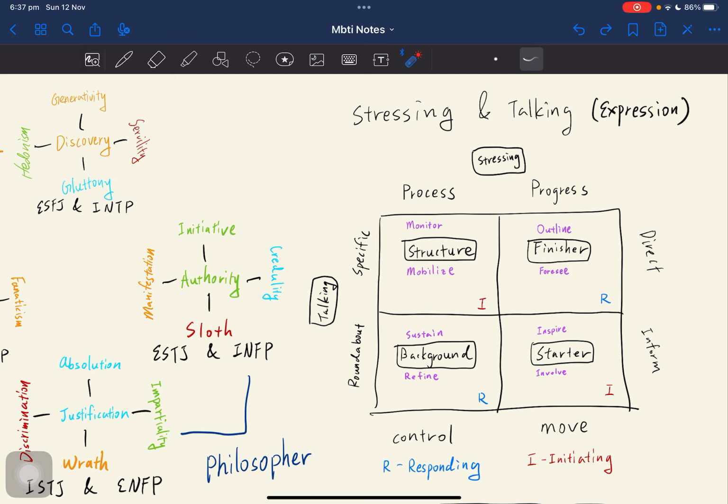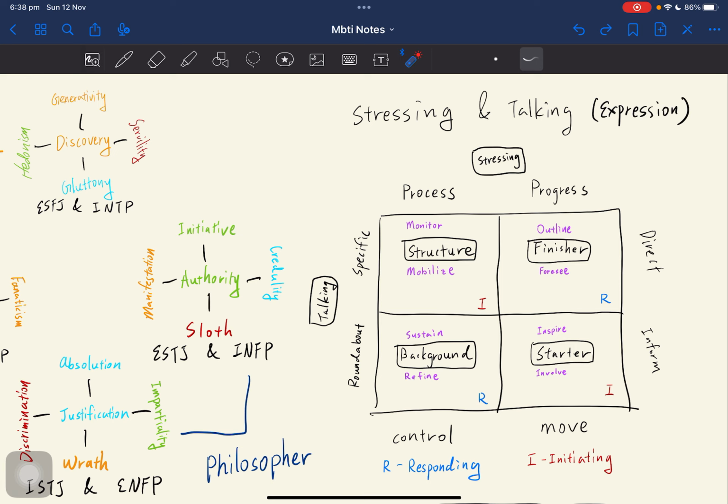So they may be taking their time to do something, but once they do it, they're finished. So this is more like the turtle, and this is more like the hare.